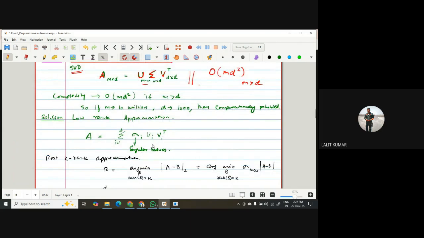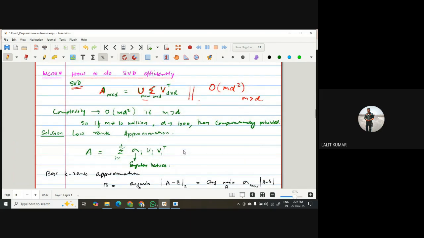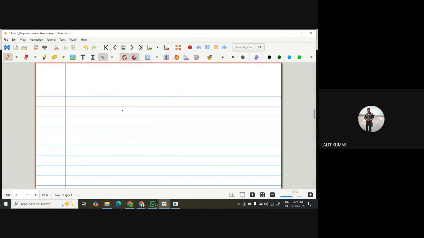So how to solve this? There are 2 ways of solving this. One is that we know that A is equal to U sigma V transpose, which is the summation of Ui sigma i Vi transpose.